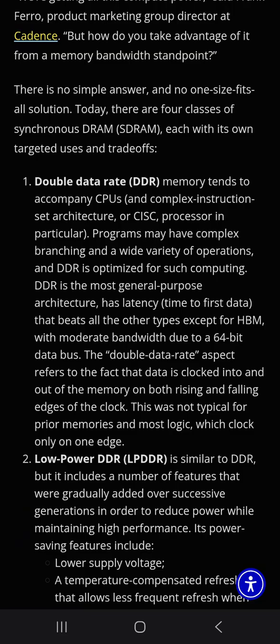except for HBM, with moderate bandwidth due to the 64-bit data bus, and double data rate refers to the fact the data is clocked into and out of the memory on both rising and falling edges of the clock.